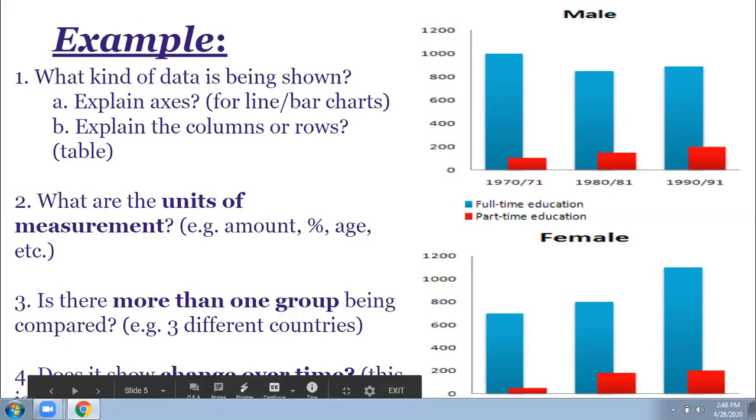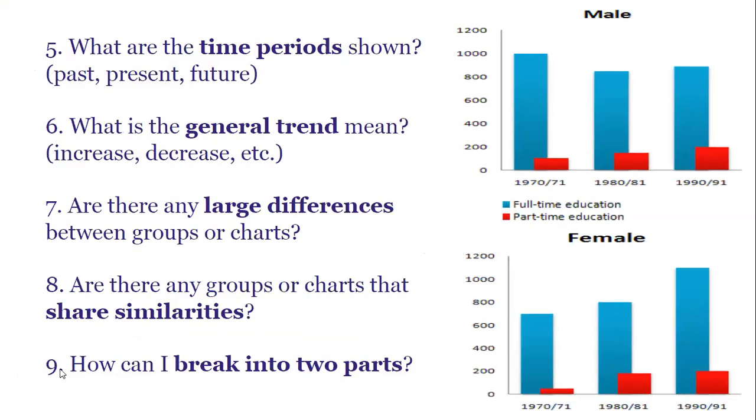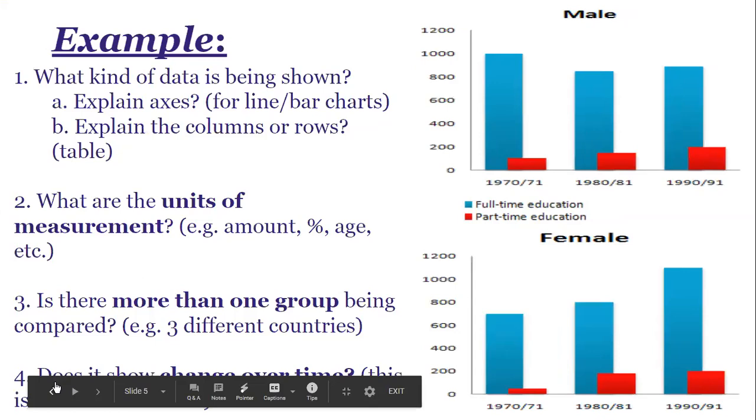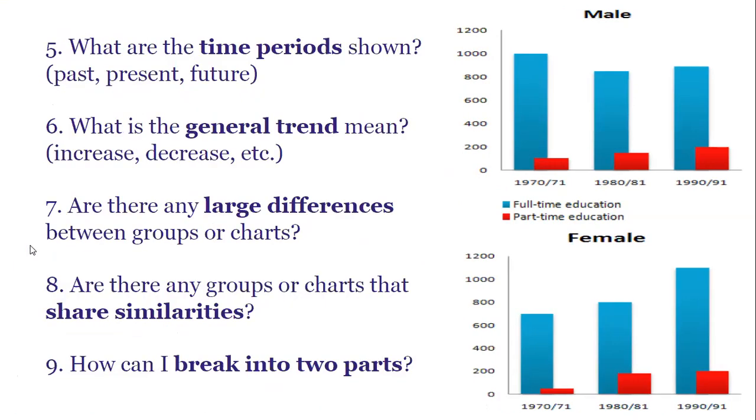Now coming to the next one. Does it show change over time? As you can see, yes, changes are in front of you from the 70s to 80s to 90s. So yes, changes have occurred.